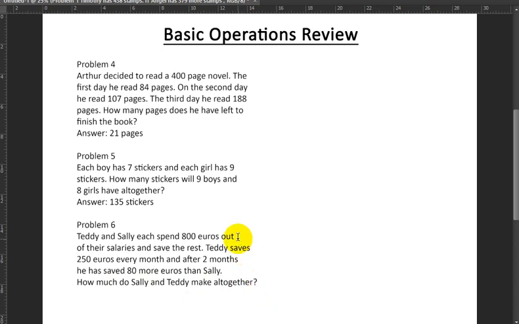Okay, so we know that they both spent 800 euros, and then we also know that Teddy saves the rest, which is 250 euros. So altogether, he's making 800 plus 250. Because we know the problem told us that he's saving the rest.